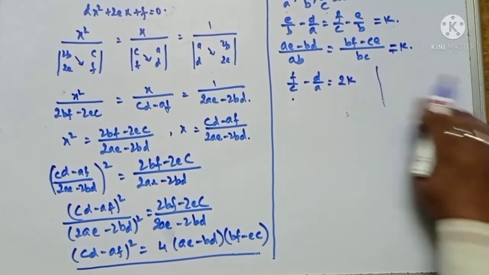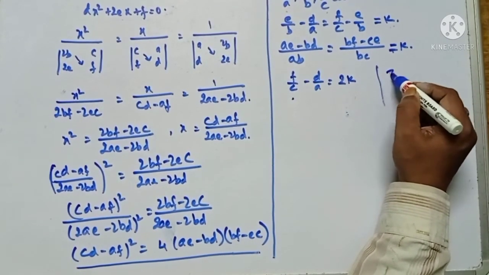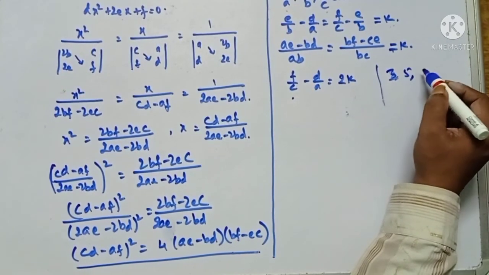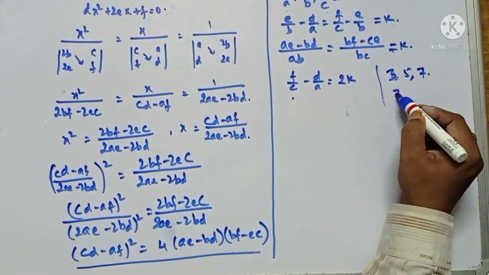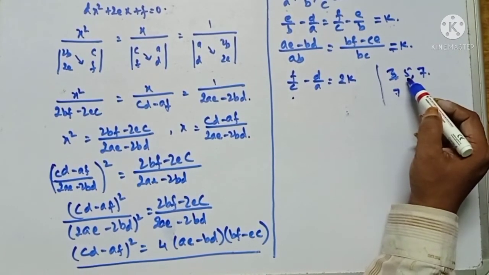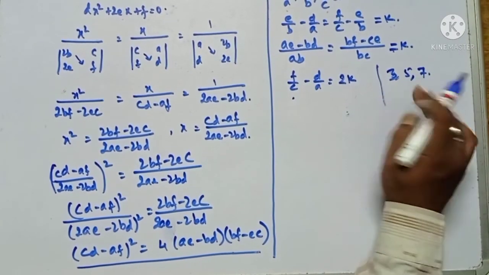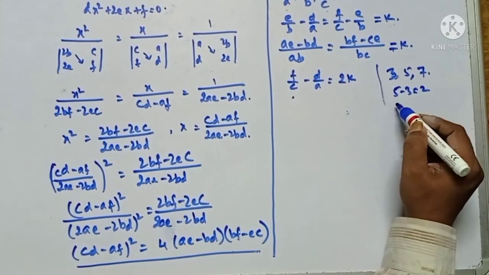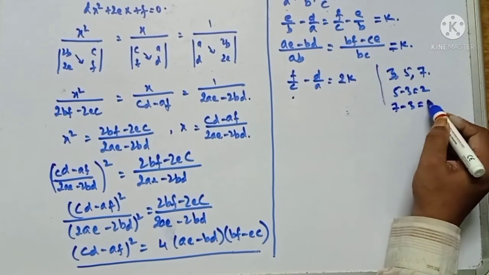Any AP example, suppose like this: 3, 3 plus 2 is 5, 5 plus 2 is 7. Here 5 minus 3 is equal to 2, and 7 minus 3 is equal to 4.